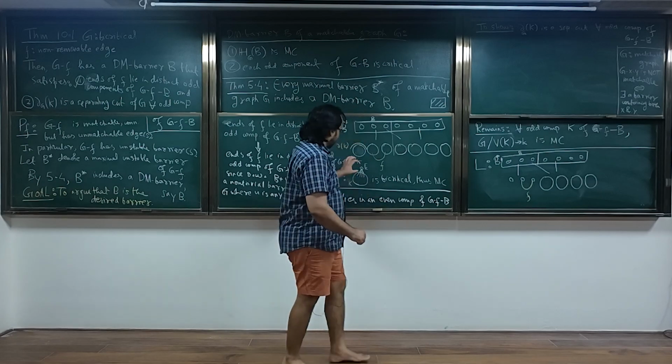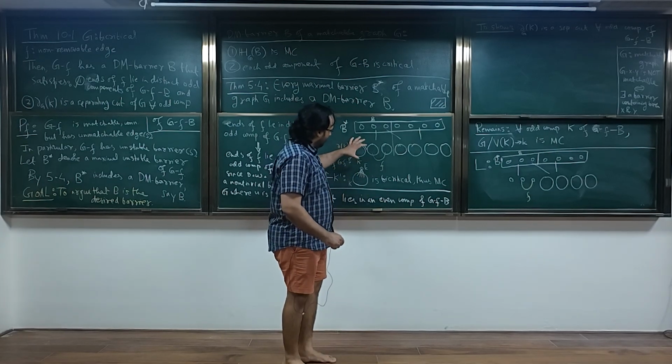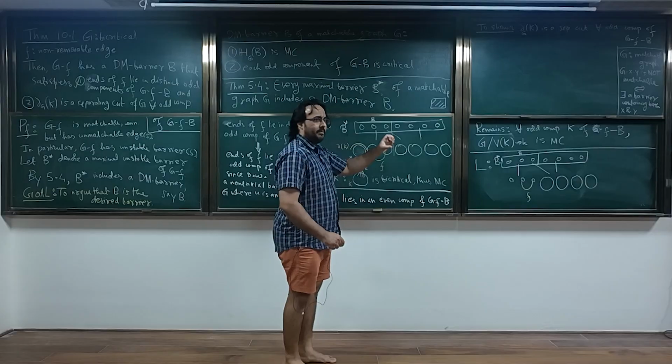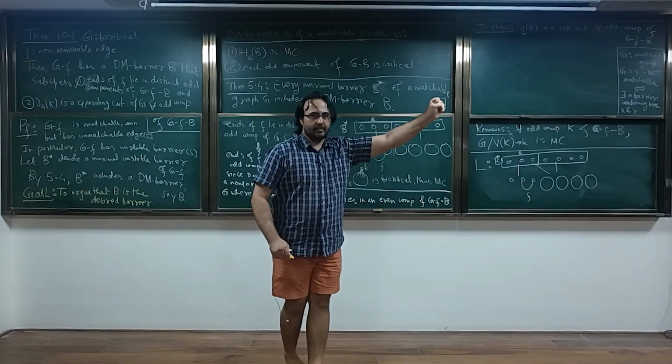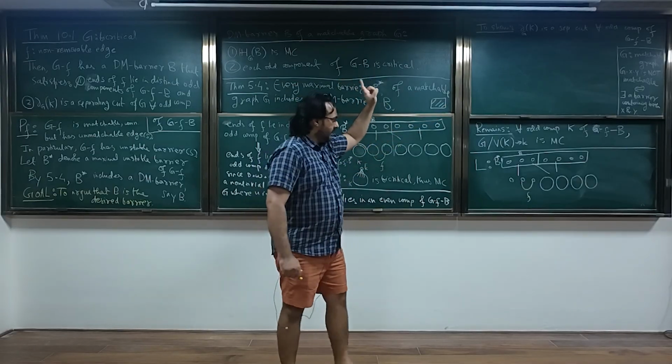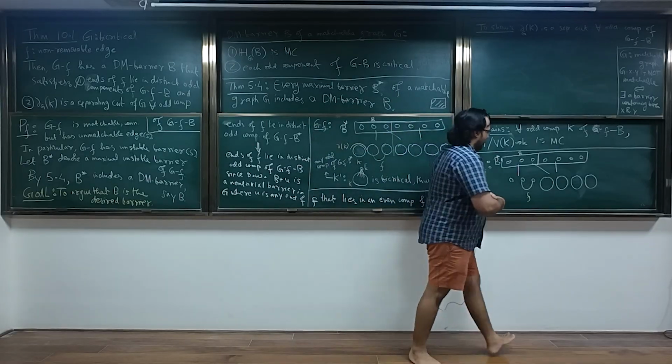Okay? So instead of shrinking one odd component, I have shrunken all odd components, each of them into a single vertex in the original graph G. This is my graph L. Okay?